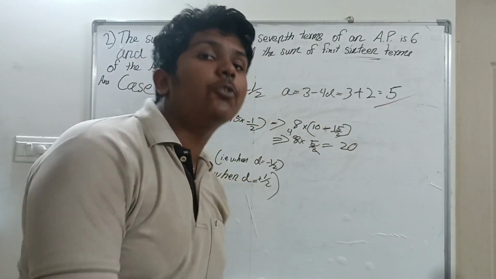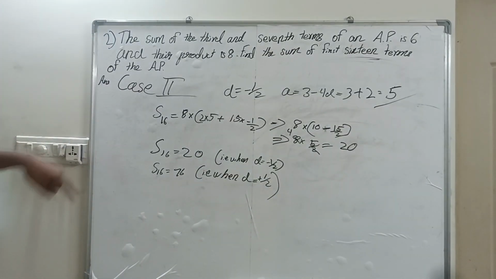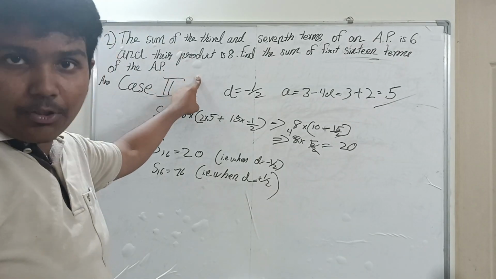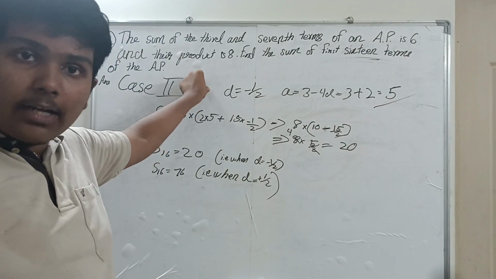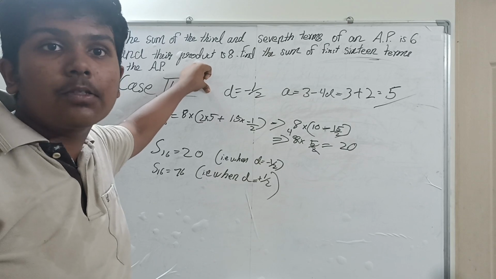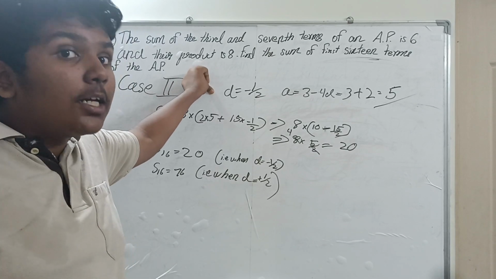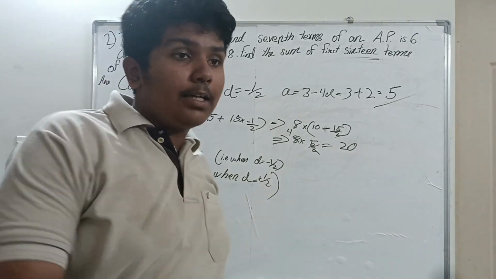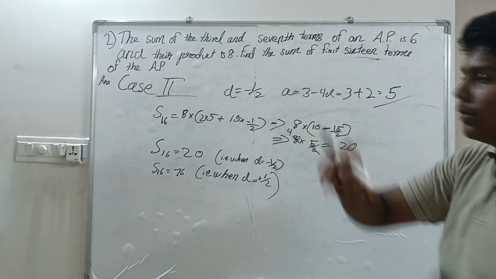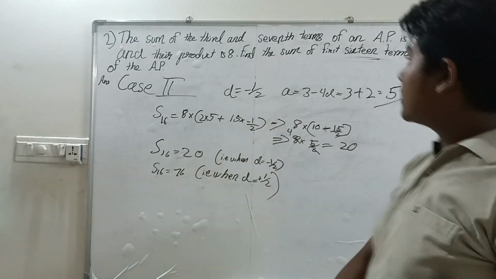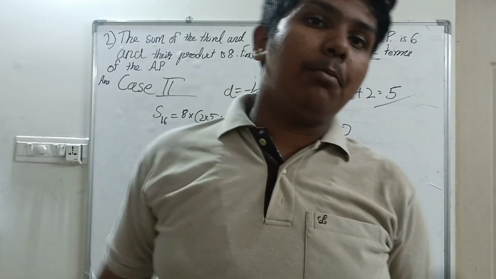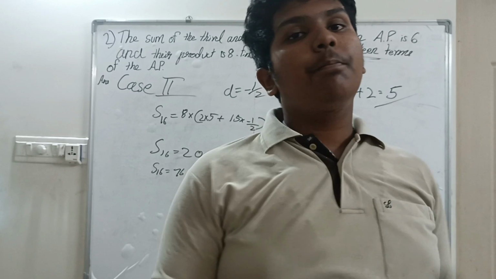So you have to write both of these. If you are getting a root and you don't know if it's plus or minus, you put plus or minus, and you have to get both. Okay, case 1 and 2. So far we are doing case 2, where case 2 is D is equal to minus 1 by 2, and where case 1 was plus 1 by 2.